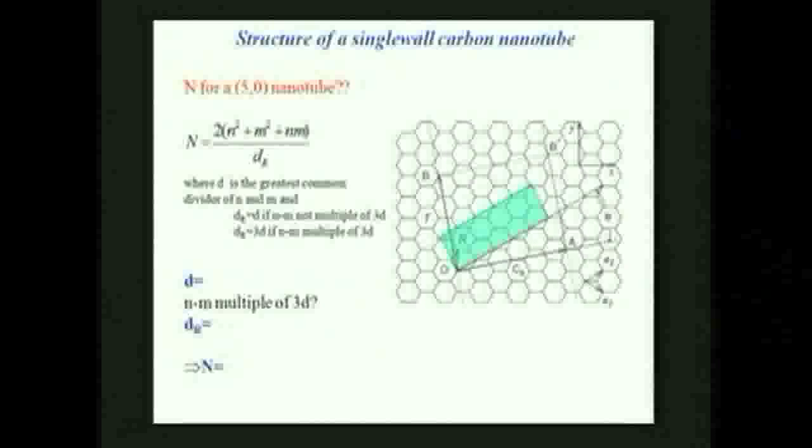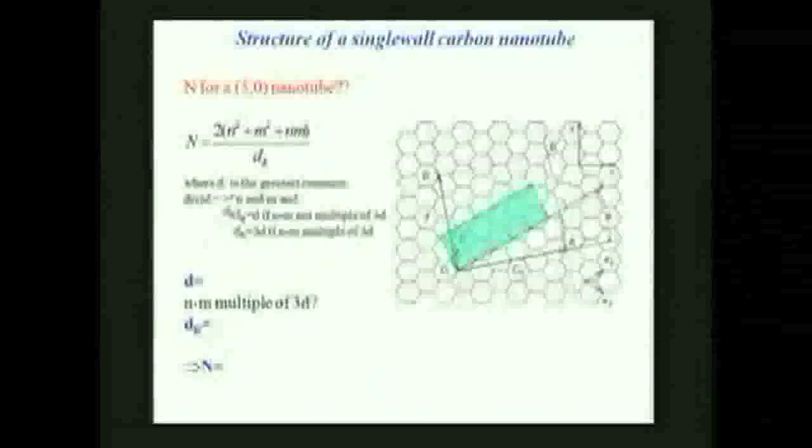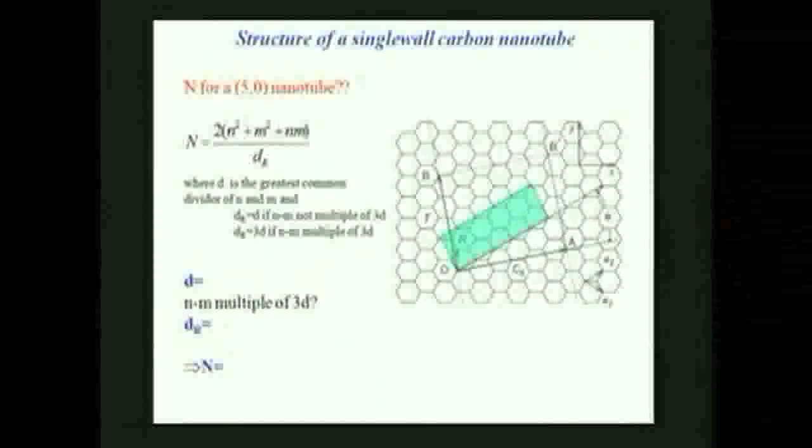This is the chiral vector. This will give the circumference of the nanotube. Then you look for the T vector, the translational vector, which is perpendicular to this one and connects to an equivalent point. You start from here. This point is not equivalent, because this is not the same edge. The first equivalent point is there. So this is Ch, this is T, and this is the unit cell of a (5,0) nanotube.